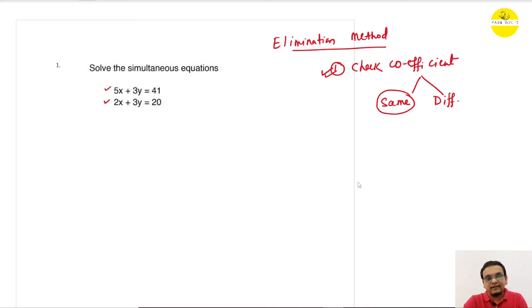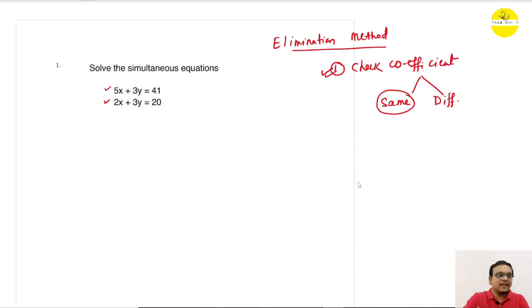Again, I'm saying whenever you're trying to find the value of x and y in simultaneous equations using the elimination method, first thing is please check the coefficient. So two cases you will get. First case, you'll have the same coefficient of a particular variable, or you may have a different coefficient for that variable. If you have the same coefficient for the particular variable, then I'm telling you your half job is done. That means you are lucky to have this question. That means you will easily solve that question.